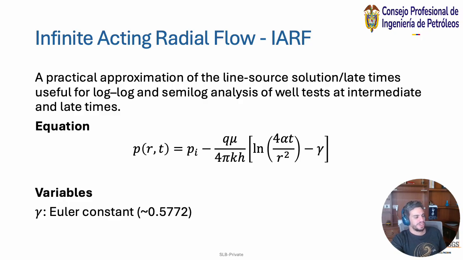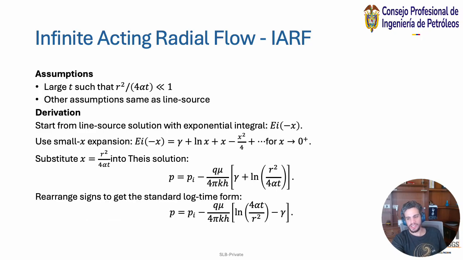And this gamma is the Euler-Mascheroni constant, which is roughly close to this value here. But yeah, it is used when you're trying to understand well testing analysis, or pressure test analysis, or pressure transient testing, right?